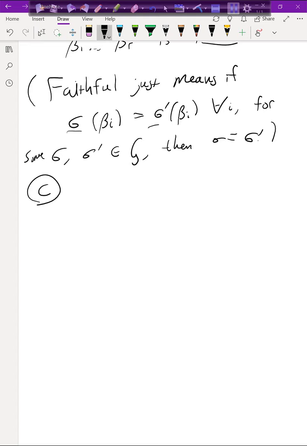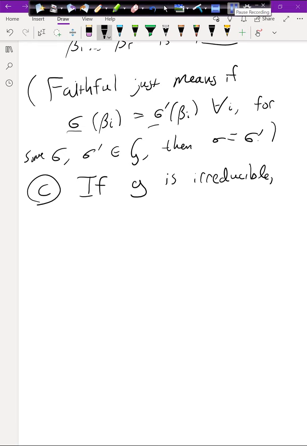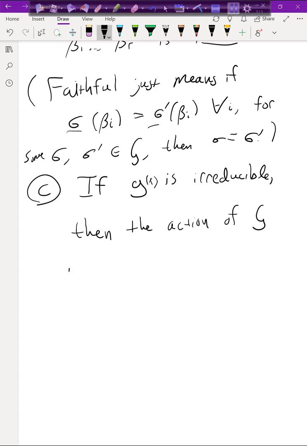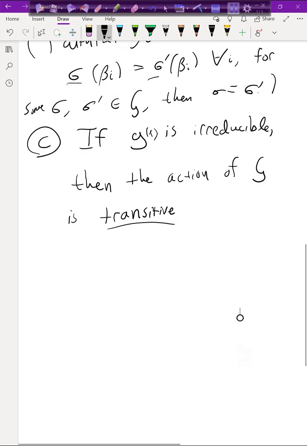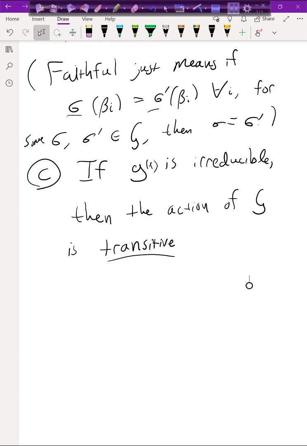Okay, our next theorem is: if g(x) is irreducible, then the action of G is transitive. Again, transitive is a word about group actions.